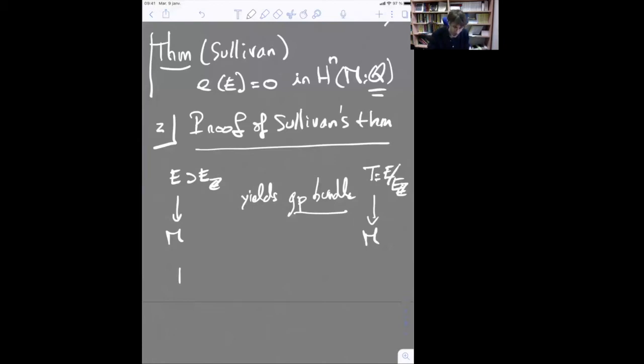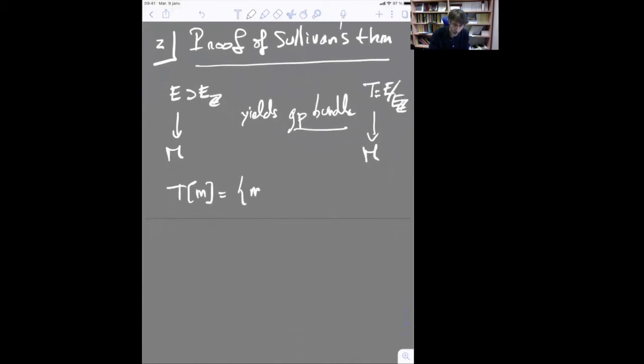I will denote T_m the set of m torsion points in T. And what will be crucial in the proof of Sullivan's theorem, and in fact, this is the part that will be crucial for us too, is the following lemma.